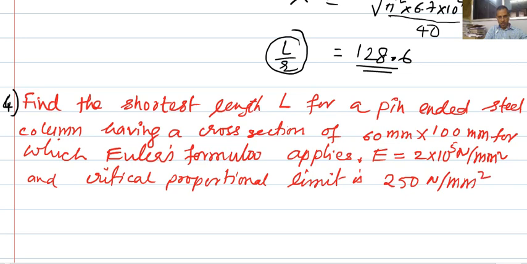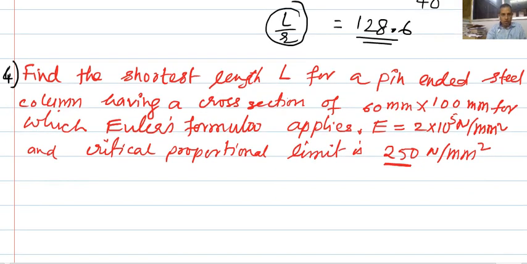This is very clearly given to you. That means your sigma y, because for a steel this is yielding. So, you cannot go beyond this. That means your buckling stress cannot be more than this. Very nice. So, how to solve this problem is what we should now look for.